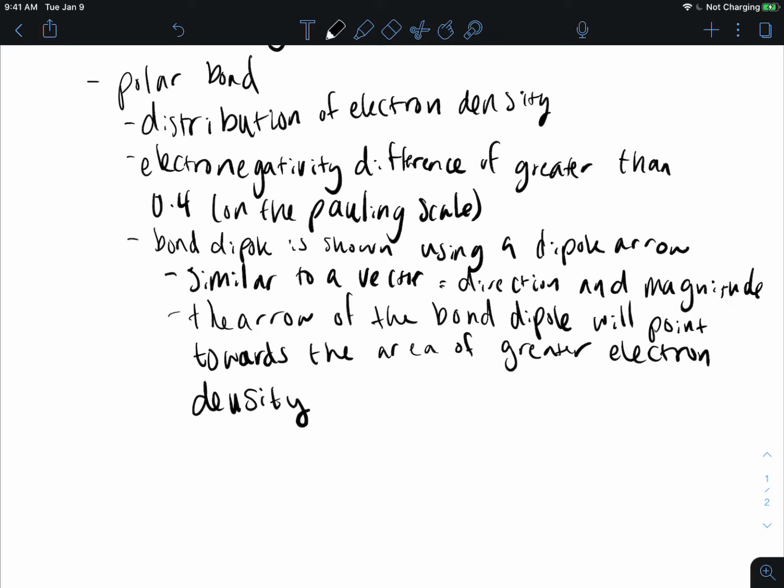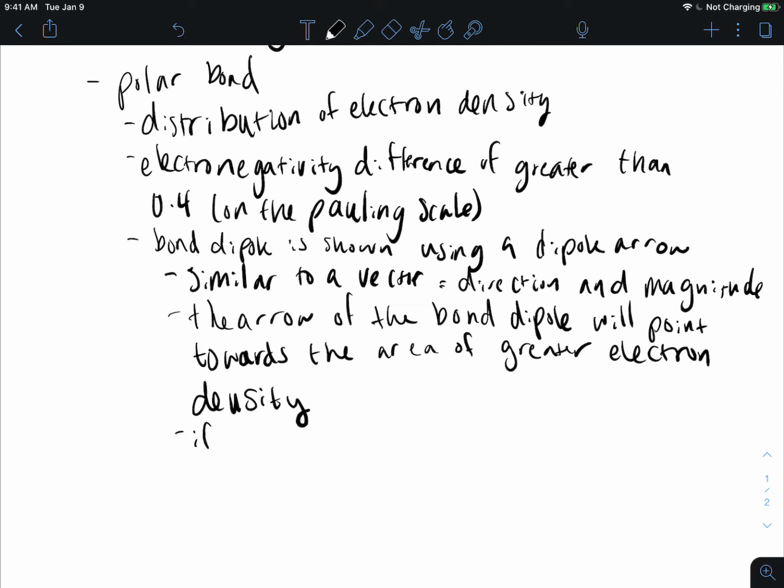Okay, so when we have a bond dipole and it's pointing in a particular direction, if that is not canceled out by other bond dipoles within the molecule, we can have a polar molecule, a molecule that has an overall molecular dipole.